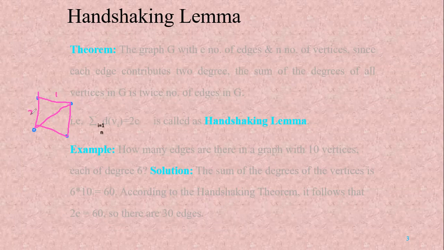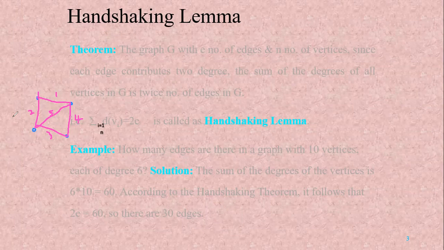Edge 1, edge 2, edge 3, edge 4, last one, edge 5. Here the handshaking lemma tells us that the number of vertices is 4 and the number of edges is 5.